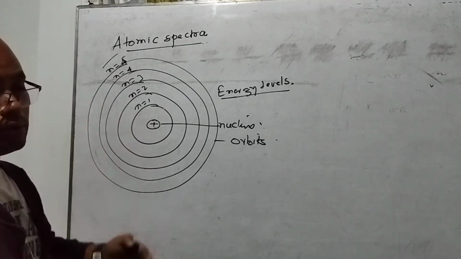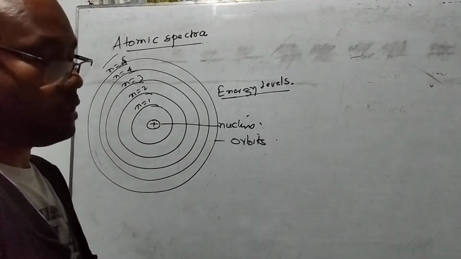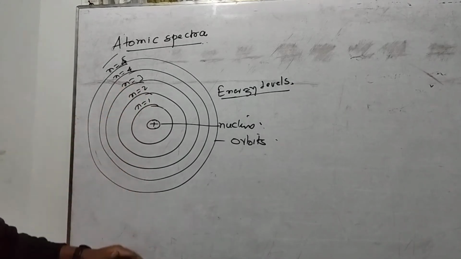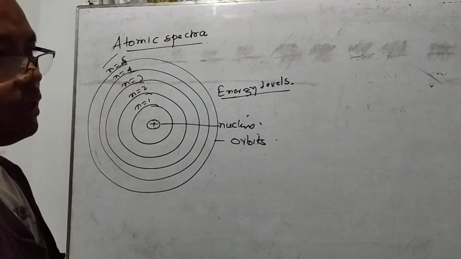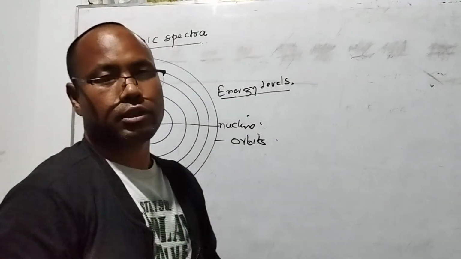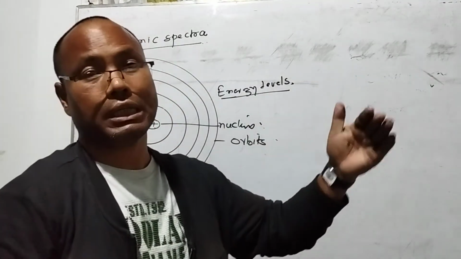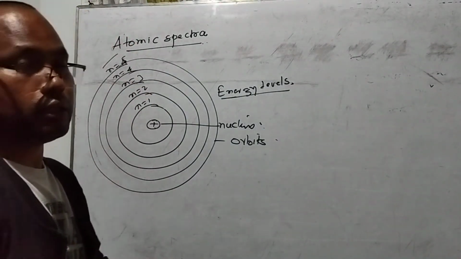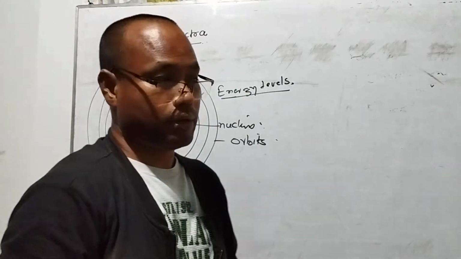Nearer to our nucleus, the energy associated with the first orbit is the lowest energy level, and when the number of the orbit increases, the quantity of energy associated with it also increases, understand? So the higher the number of the orbit, the higher the energy level.